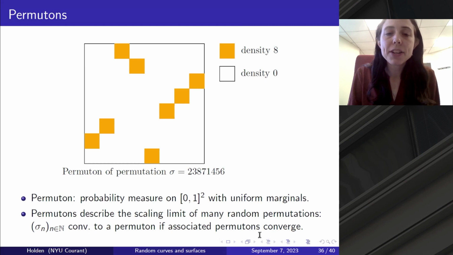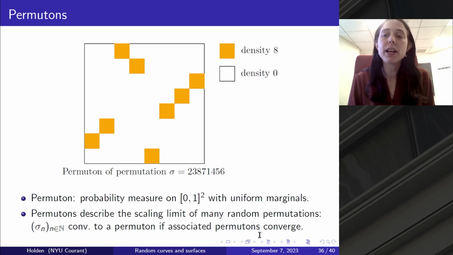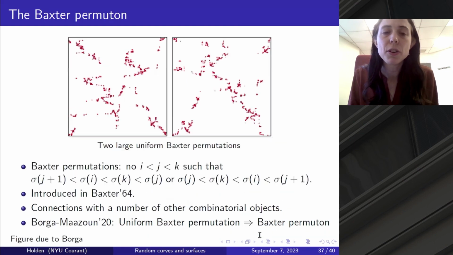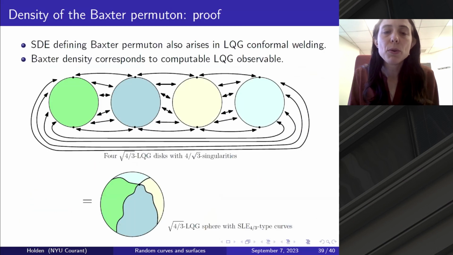The second application I wanted to present is an application to the study of random permutations. We can prove a new formula for a particular family of random permutations known as Baxter permutations. I will not present this in detail due to time, but I can mention on a very high level why we can use LQG to study random permutations.